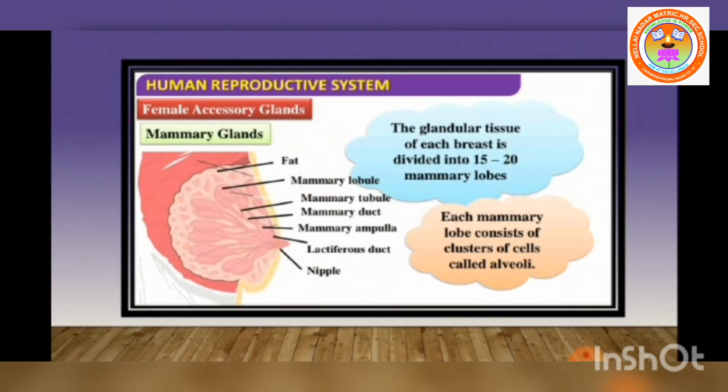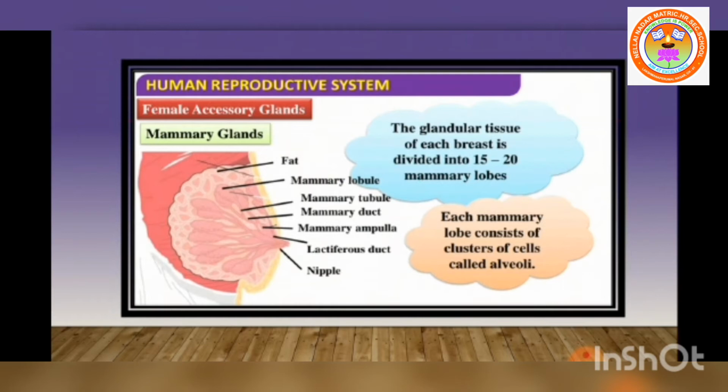The mammary gland contains glandular tissue and variable quantities of fat, with a median nipple surrounded by a pigmented area called the areola. The glandular tissue of each breast is divided into 15 to 20 mammary lobes.